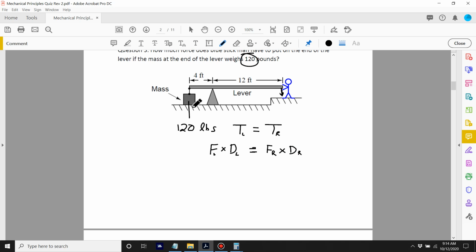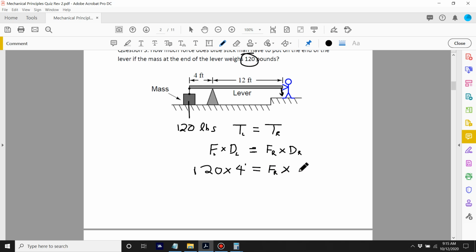Now what's the force on the left? It's 120. Oh, that looks terrible. It's okay. 120 multiplied by 4. Look at that, one little dash stands for feet. The force on the right we don't know. We're trying to figure that out. Hopefully he's strong enough.